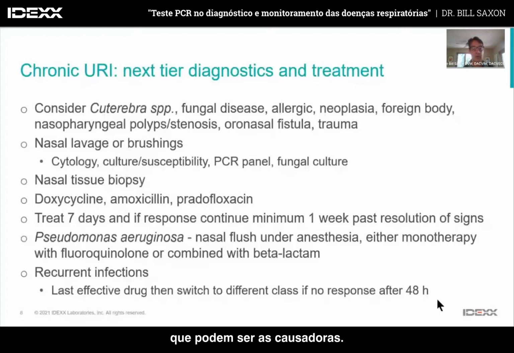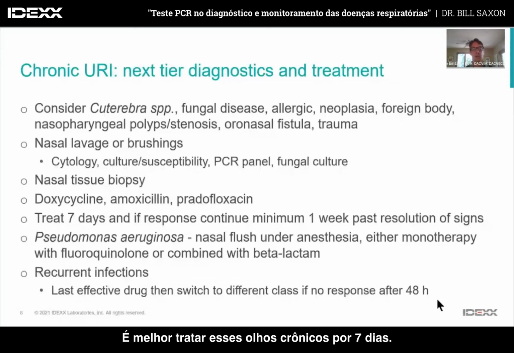That might be the culprit here. If you're going to use a fluoroquinolone in a cat, you've got options, but if you have the option of pradofloxacin, it's my preferred fluoroquinolone in cats, least resistance to date because it's the newest, at least that I'm aware of, and also minimal effects on the retina, so minimal side effects.